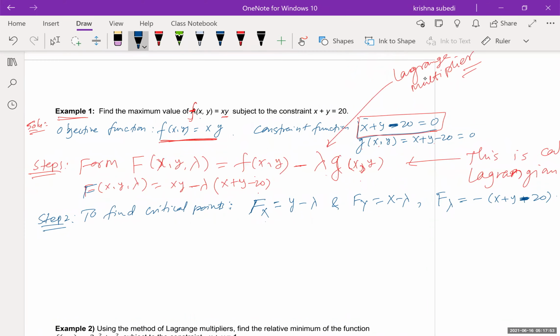So now, for the critical points, maybe I'll write it this way.